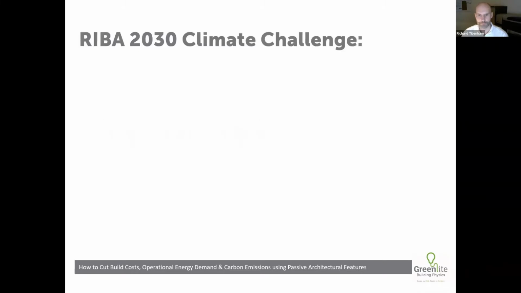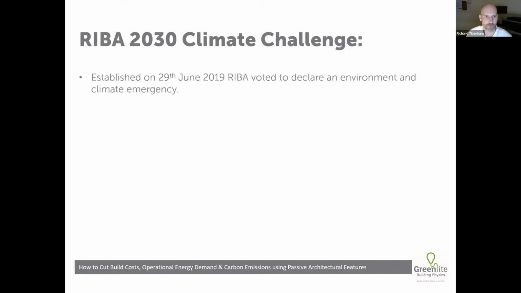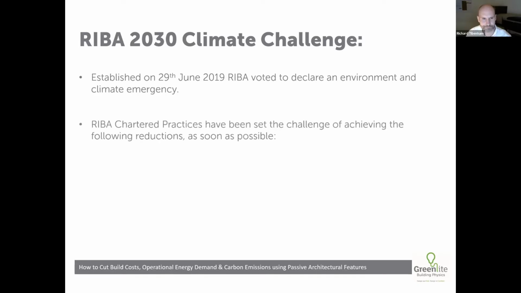Okay, moving on. So to start off with the RIBA 2030 Climate Challenge. I'm not sure quite how many of you are familiar with this. It was established on 29th of June 2019 by RIBA, who voted to declare an environmental and climate emergency. RIBA chartered practices have been set the challenge of achieving the following reductions as soon as possible.